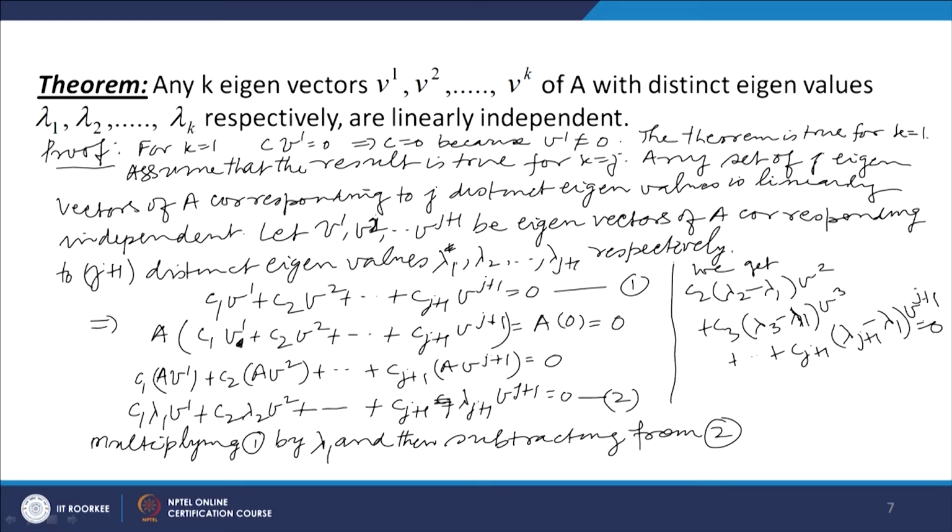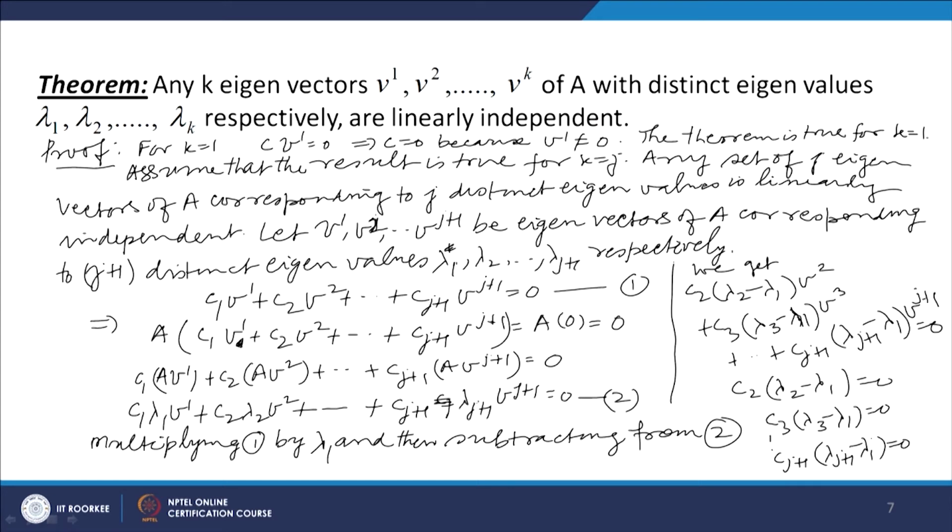equal to 0 vector. Now, b2, b3, bj plus 1 are j eigenvectors of A corresponding to the distinct eigenvalues lambda 2, lambda 3, lambda j plus 1 respectively. By our hypothesis, since we have assumed that the result is true for k equal to j, it follows that b2, b3, bj plus 1 are linearly independent. So, we have c2 into lambda 2 minus lambda 1 equal to 0, c3 into lambda 3 minus lambda 1 equal to 0 and so on, cj plus 1 into lambda j plus 1 minus lambda 1 equal to 0.